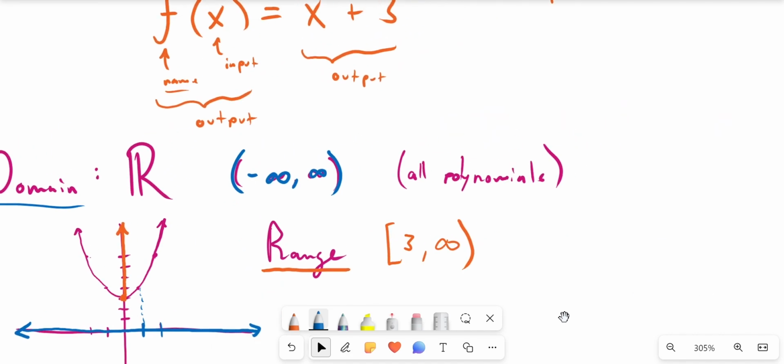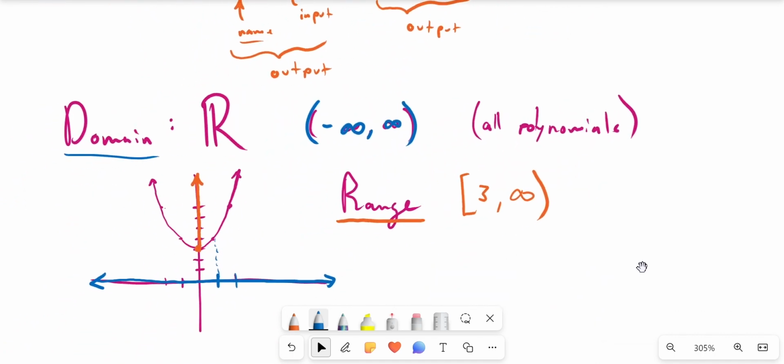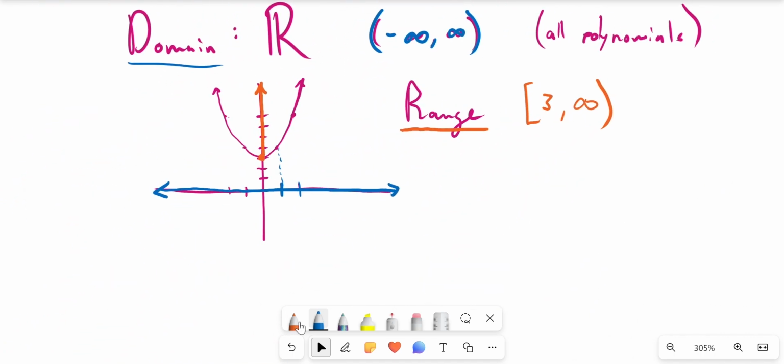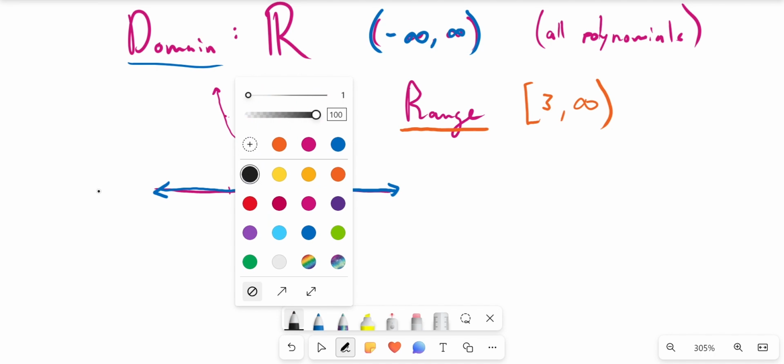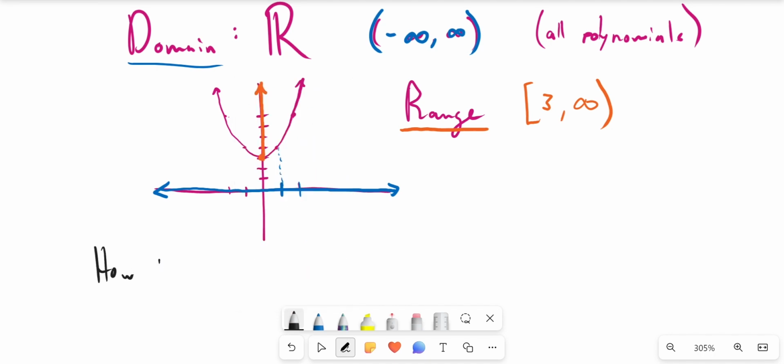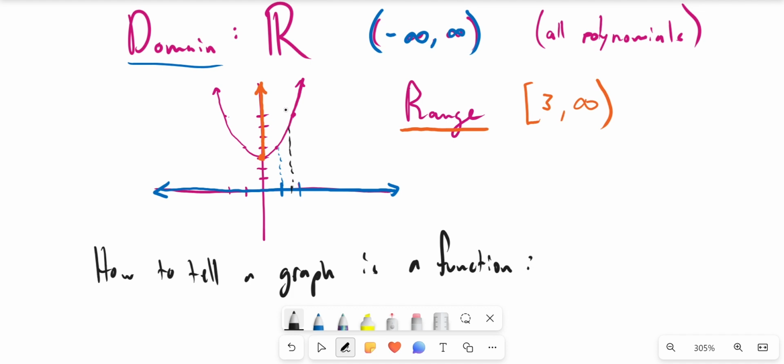How can we tell it's a function? One way to tell a graph is a function: remember that we need one single value for every x value. So x can only go to one single value.